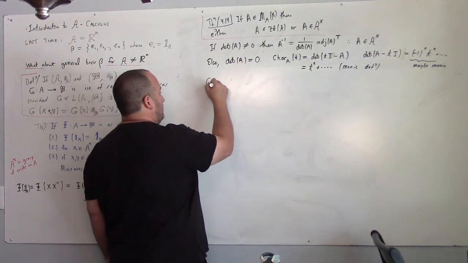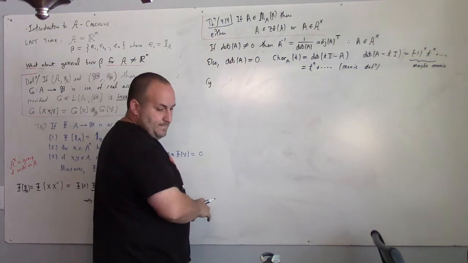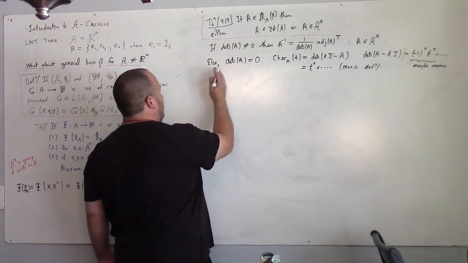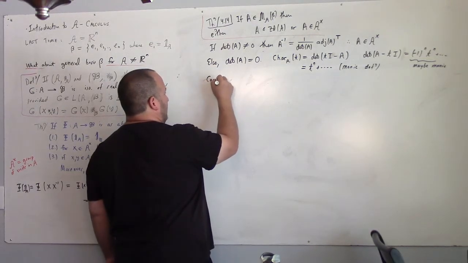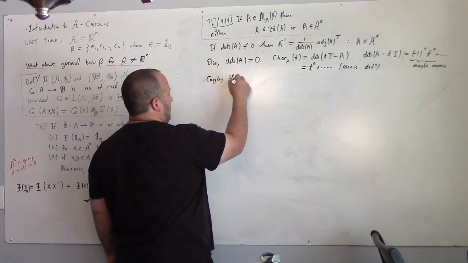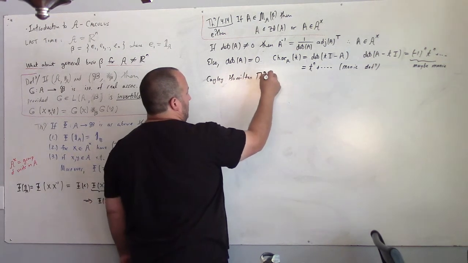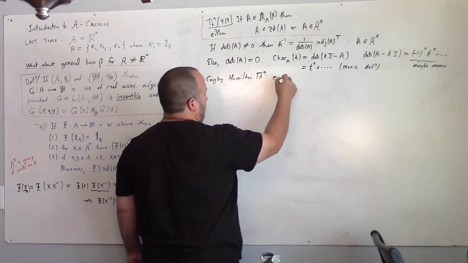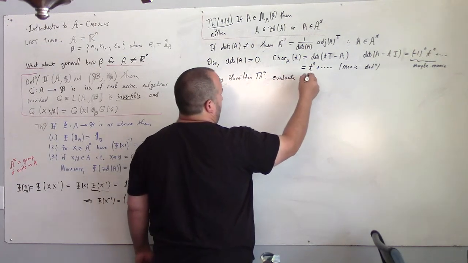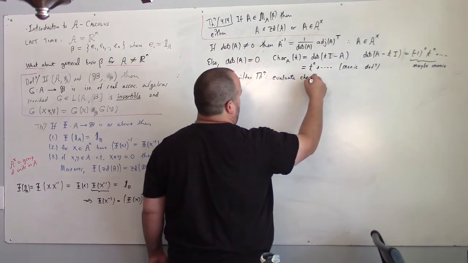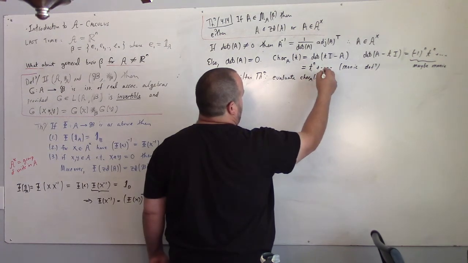Cayley-Hamilton theorem, what's it say? The Cayley-Hamilton theorem is something that often gets stated in undergraduate linear algebra, but it's seldom proved. It says you can evaluate the characteristic polynomial at t equals A, and you get 0.